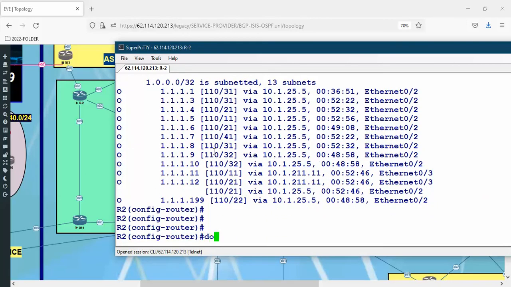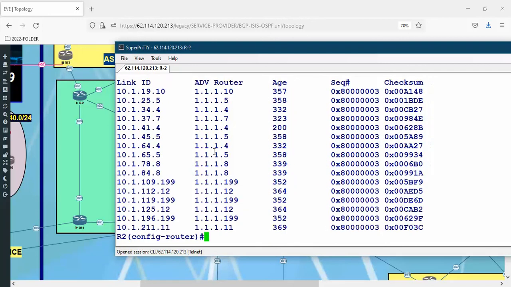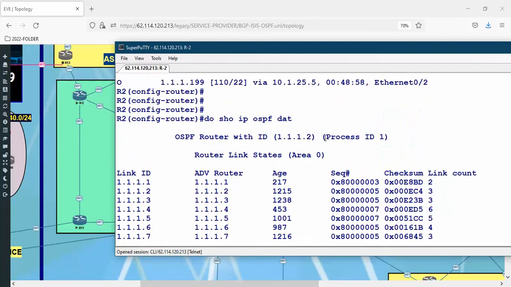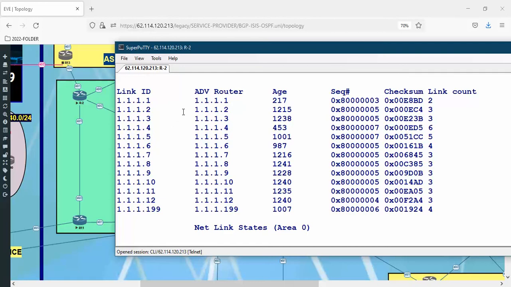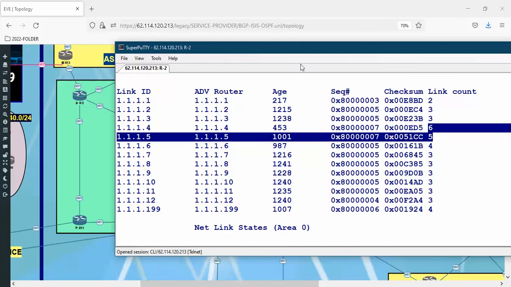Of course, if we go to the database, do show ip ospf database. Regarding the router LSA, all that you can see here is what? Router 1, there are 2 links, 3 links, 6, still the same.